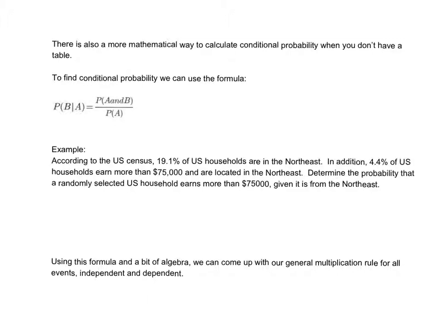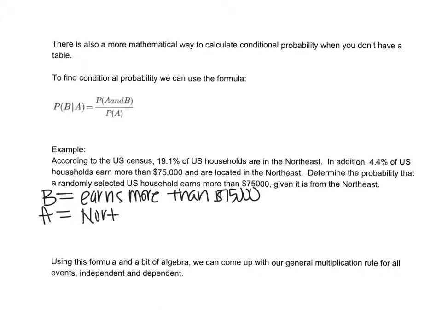Let's first define our events. Event B is a household that earns more than $75,000, and event A is that the household is in the Northeast.